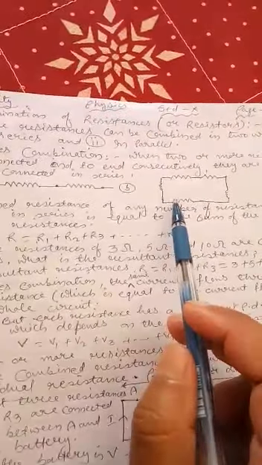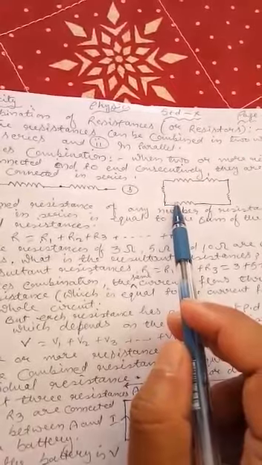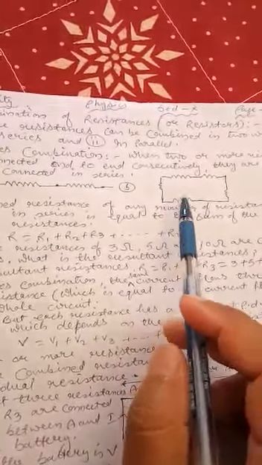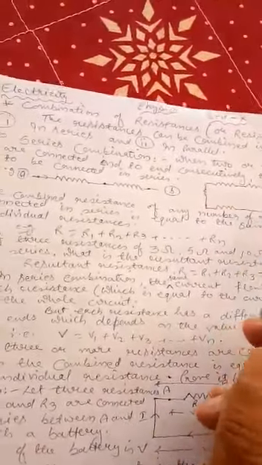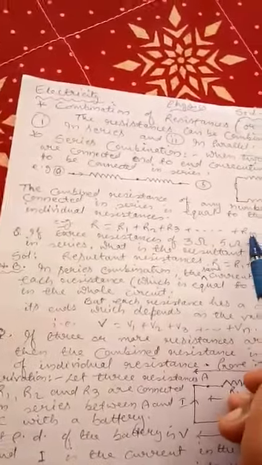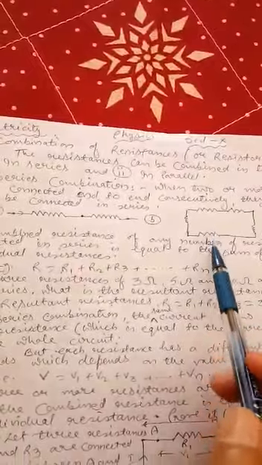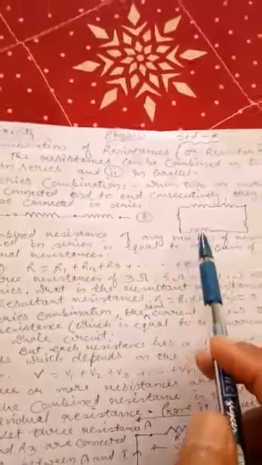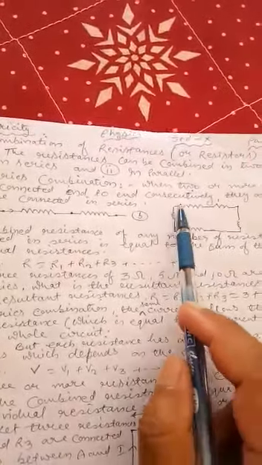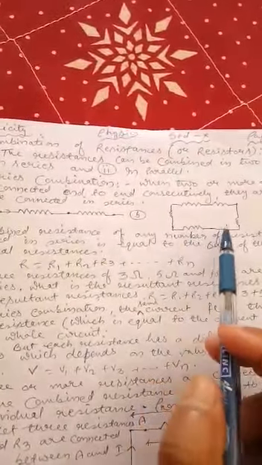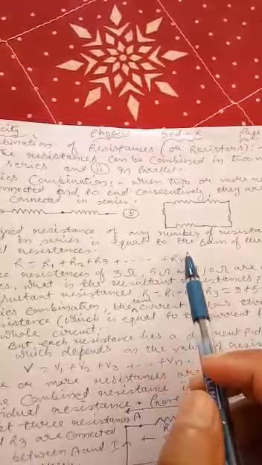If current I flows in the circuit, then the same current I will flow through each resistance, but the potential difference differs, and the sum of the potential differences equals the total potential difference of the battery.